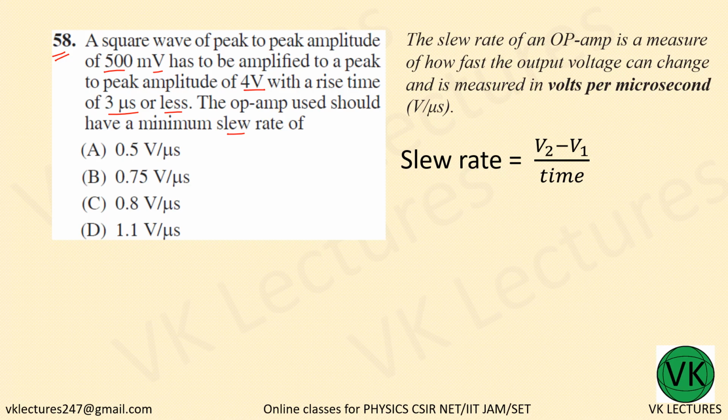Now let us understand what is slew rate. Slew rate is the measure of how fast the output voltage changes with respect to time, and this is given in terms of volt per microsecond. Usually volt per microsecond is the unit given, or volt per time.